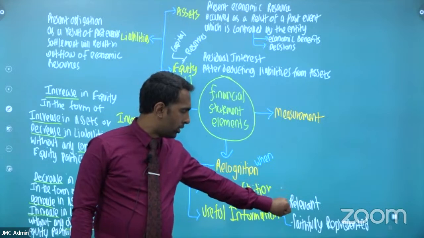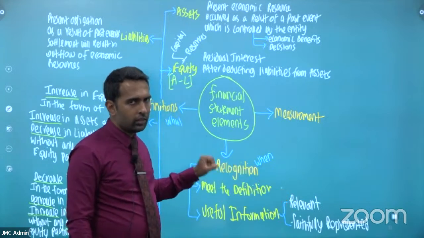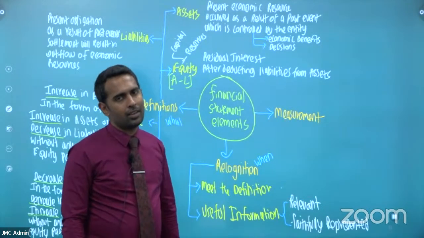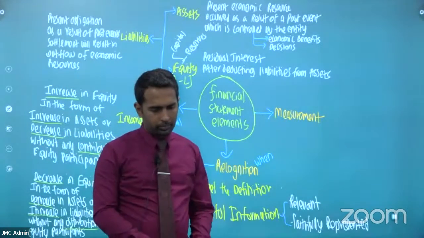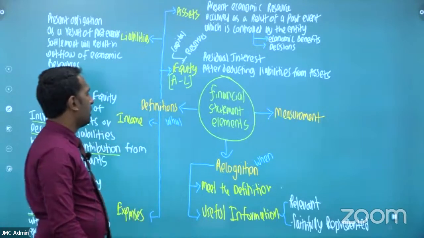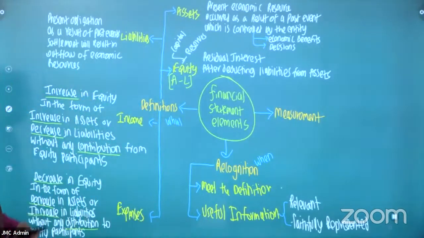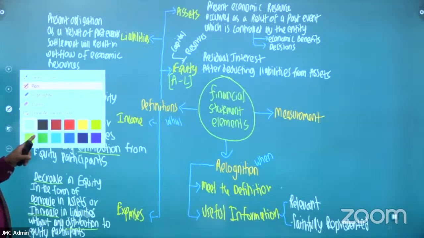If it is an important truth and if it meets the definition, now we can recognize. We can put them in our financial statements. We can book them, right? So this is the definition. This is the recognition criteria. If it meets the definition and if it is useful, it's high time for you to recognize.